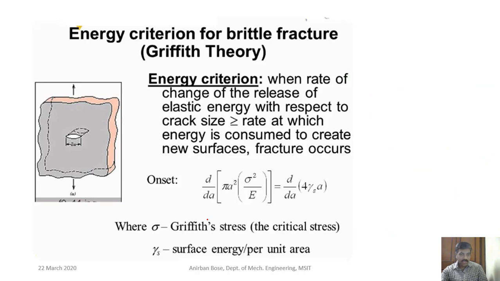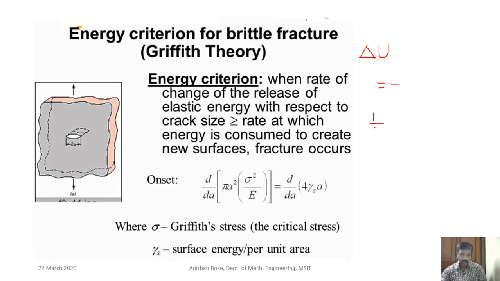so to do that analysis, let us find out the total change of energy. What is the total change of energy because of the energy released by strain energy and the energy required because of the new surfaces? So that will be minus half of stress into strain. What is that quantity?